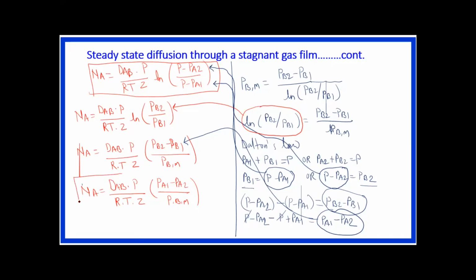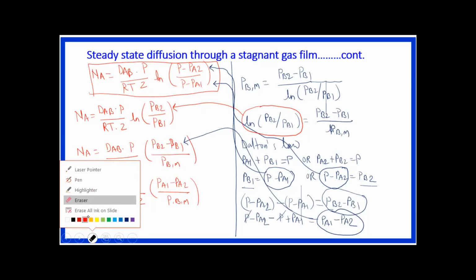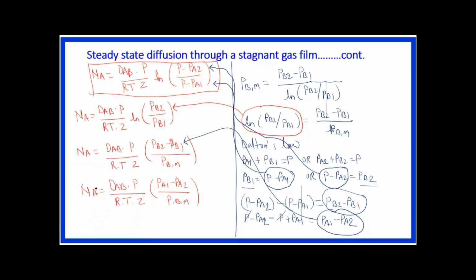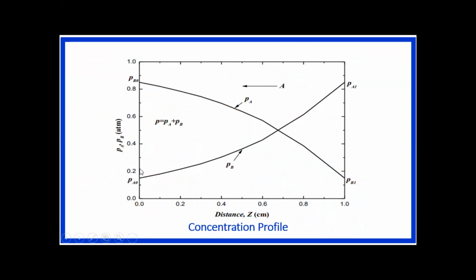So this is the final equation for the calculation of molar flux of component A at stationary coordinates, where the steady state diffusion occurs through a stagnant gas film, or the diffusion of component A through the non-diffusing B. So this is the final equation for the second case. And this is the representation of this second case, that is diffusion of A through the non-diffusing component B.